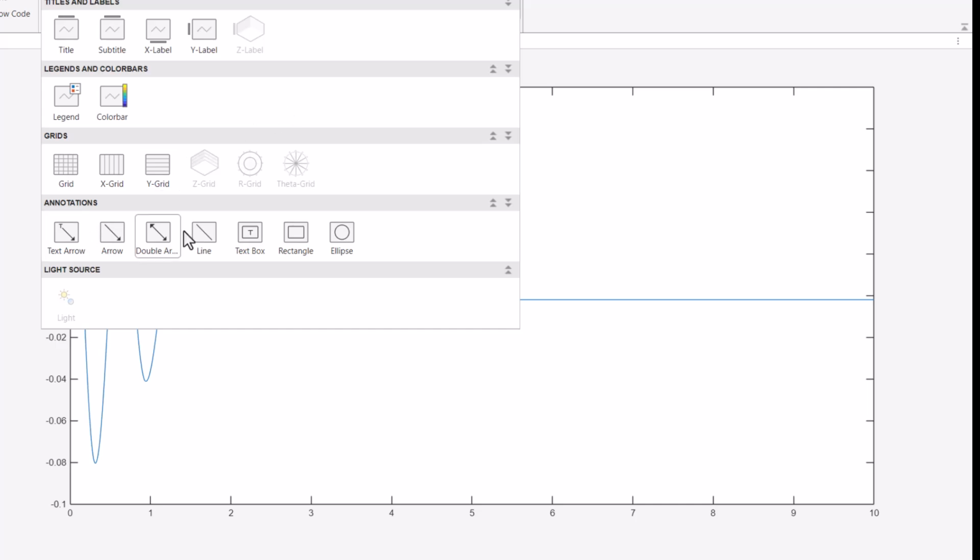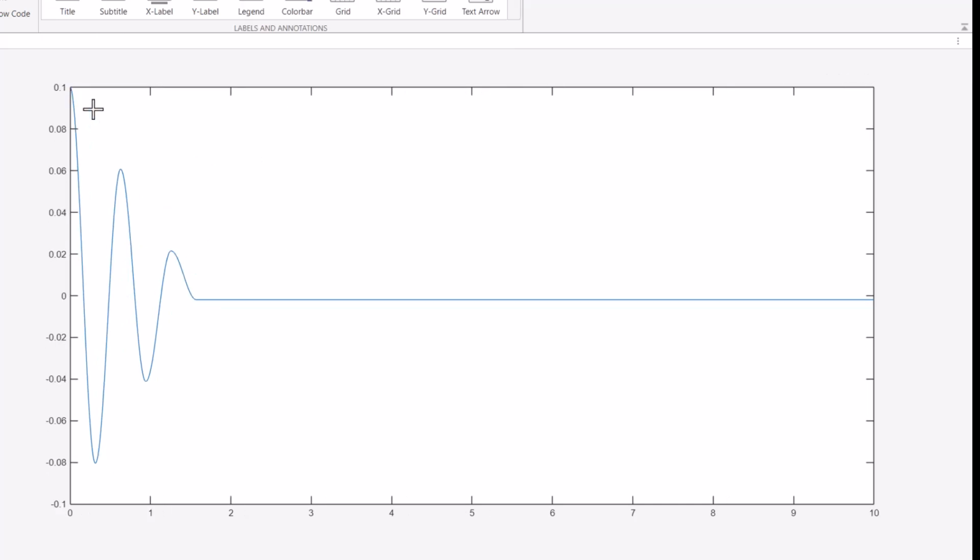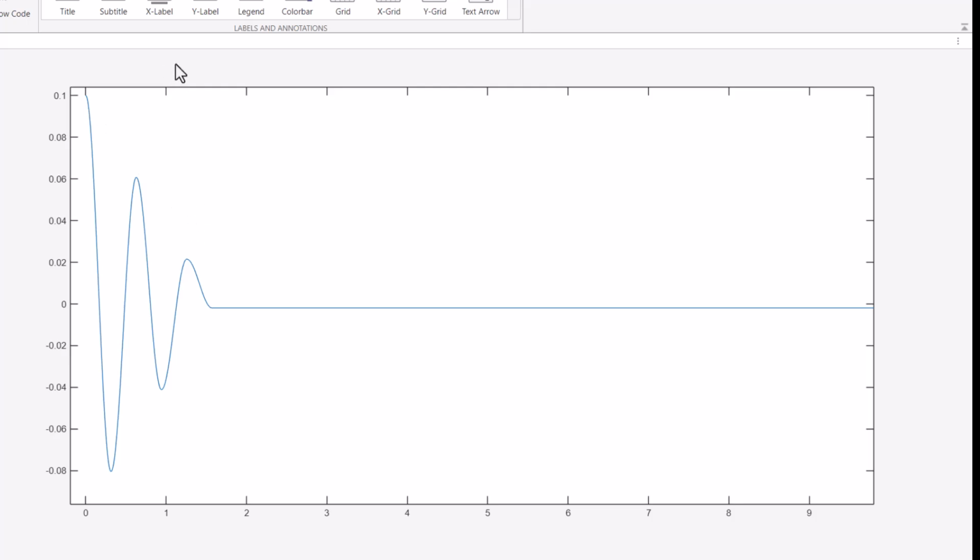I want to add a few comments on that. If I connect the peaks of this figure, I can see that the amplitudes are decreasing linearly. As you probably remember, in the previous example, the viscous damping example, the amplitudes were decreasing exponentially, but in Coulomb damping, they are decreasing linearly, and that is one difference.